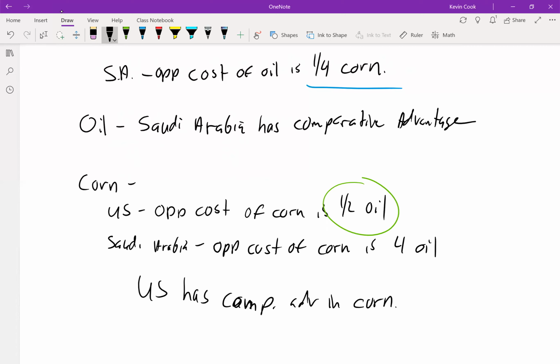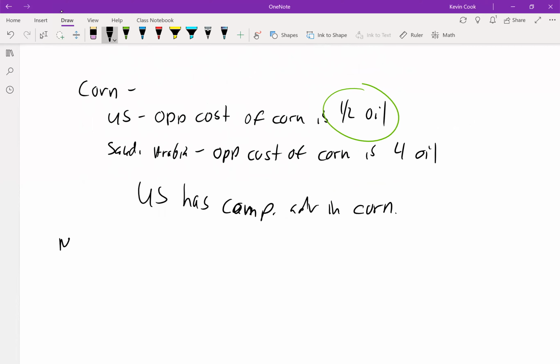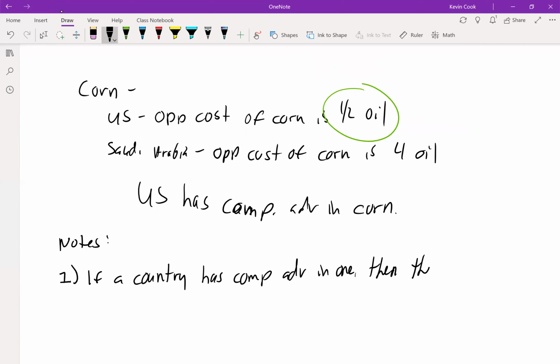And as we work through these, a couple things will come up, a couple notes, I guess. The first thing is that if a country has comparative advantage in one good, then the other country has it in the other.